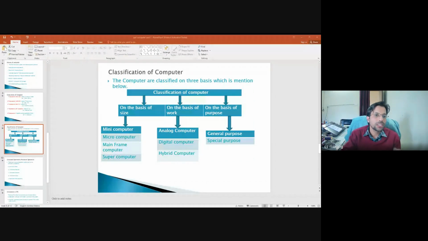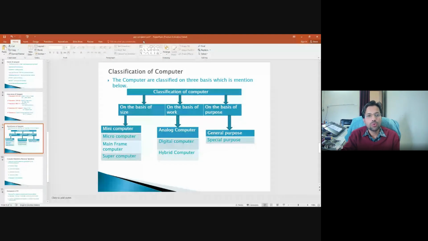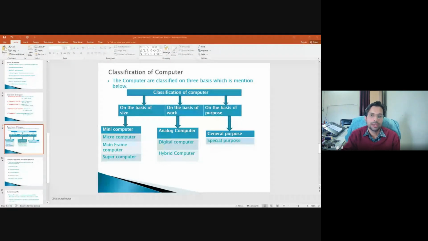Next is on the basis of work, which is also called according to data handling techniques. How will you handle the data? According to data handling techniques, computer systems are categorized in three ways.